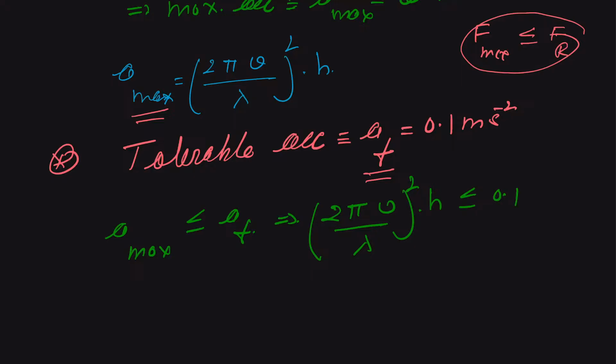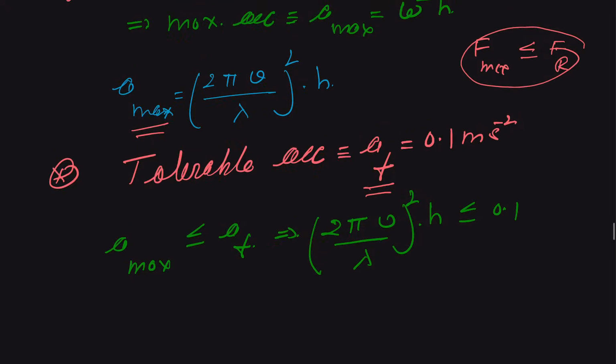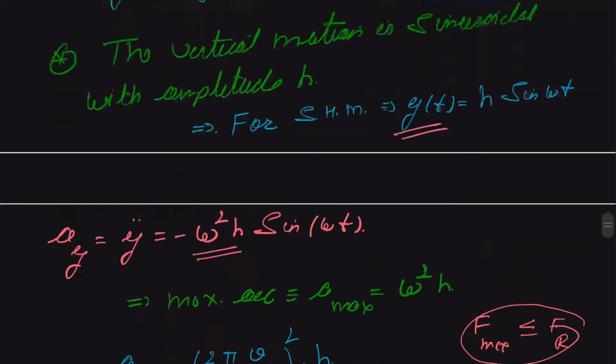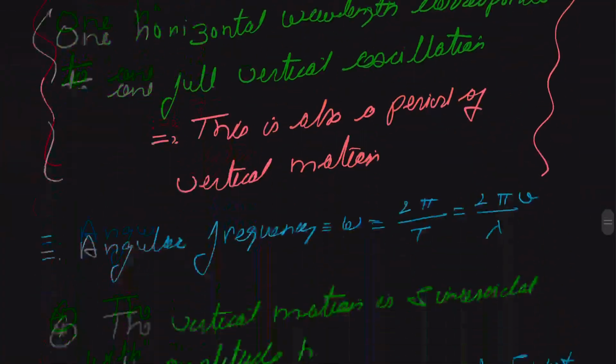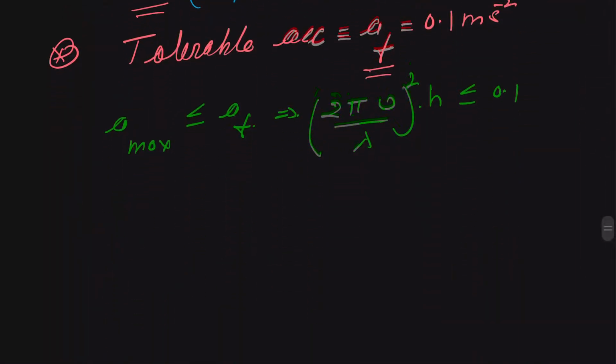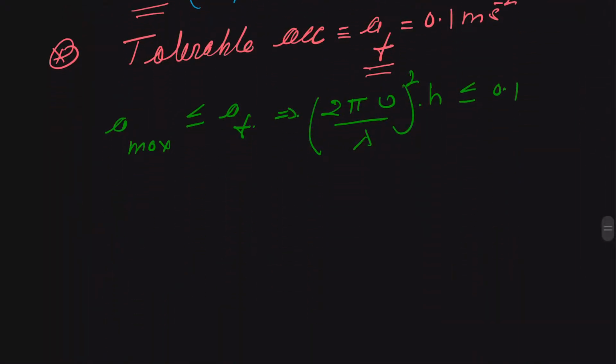Okay, now it is quite simple, and we need to find out h. So we are almost done here. We get that h will be less than or equal to 0.1 times lambda upon 2 pi v, whole square.